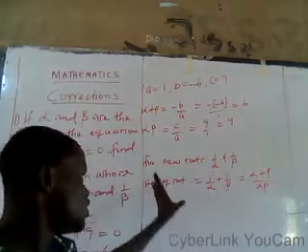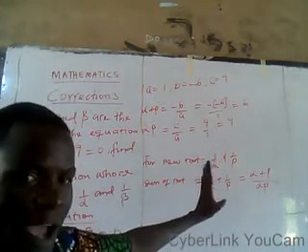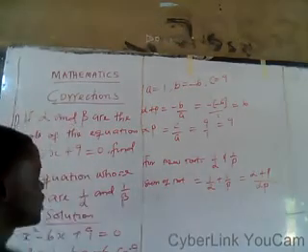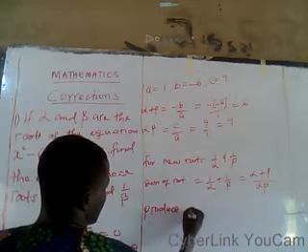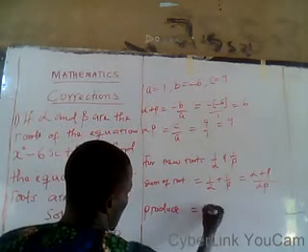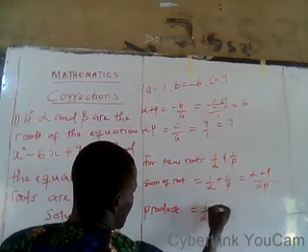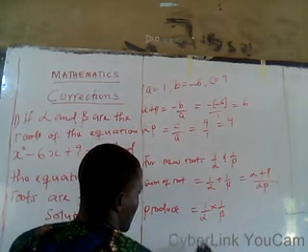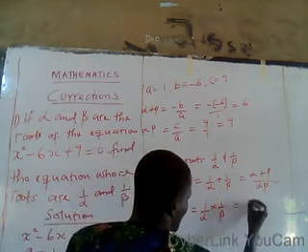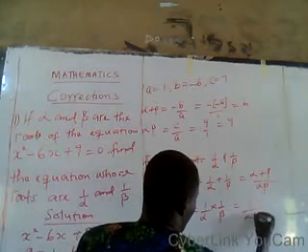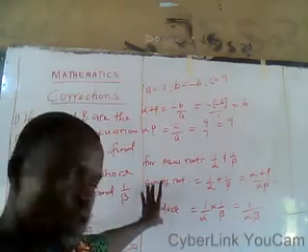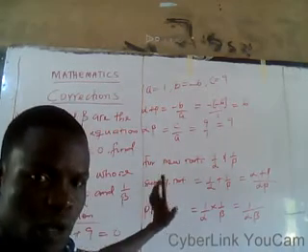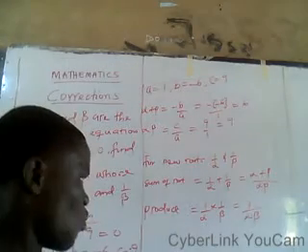That is the sum of roots for the new equation we are asked to find. Now, the product of roots equals 1 over alpha times 1 over beta, which is 1 over alpha beta. That is the product of roots for the new roots 1 over alpha and 1 over beta.